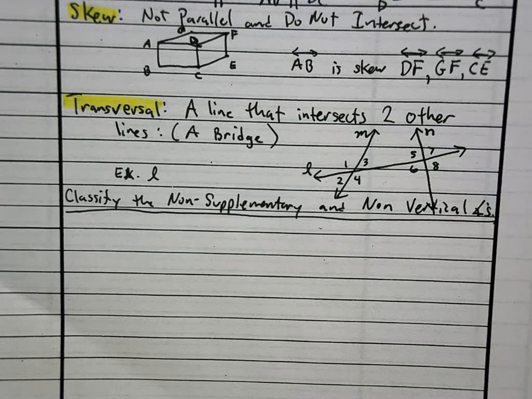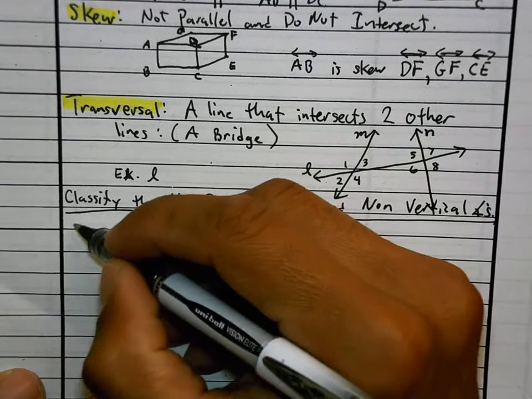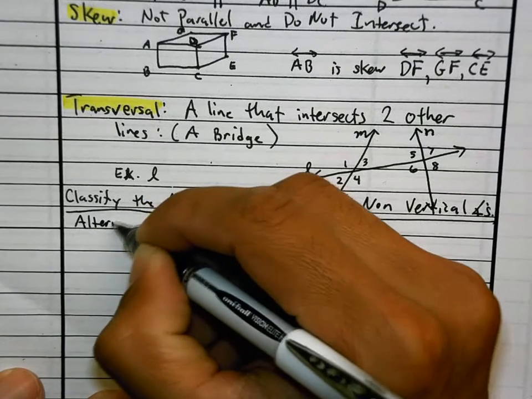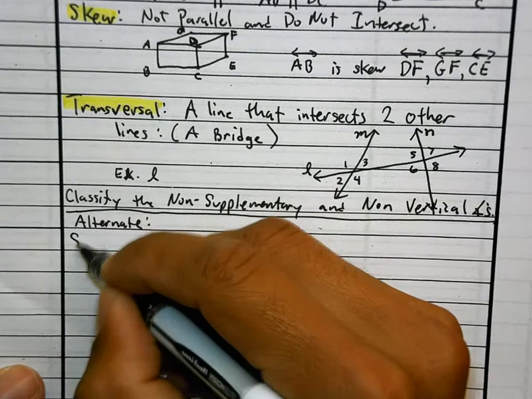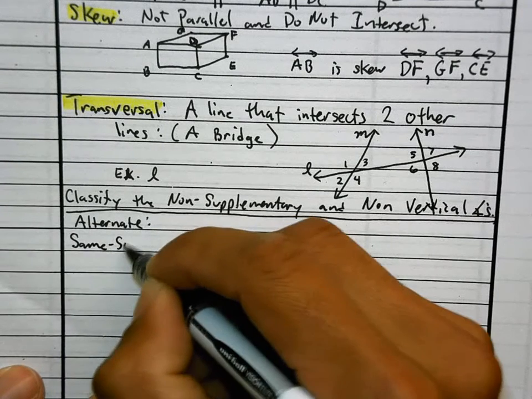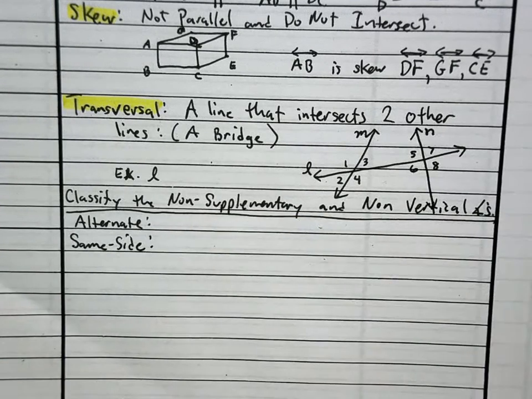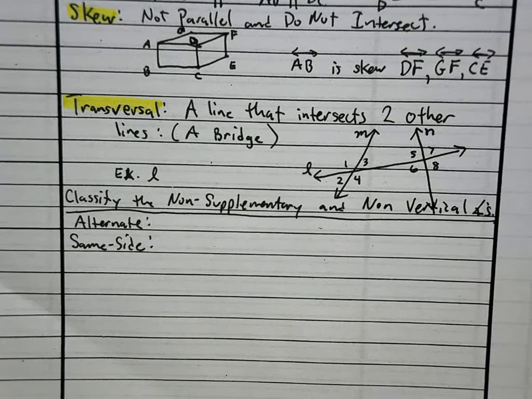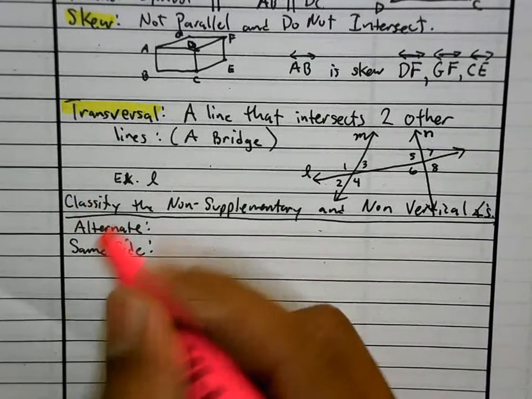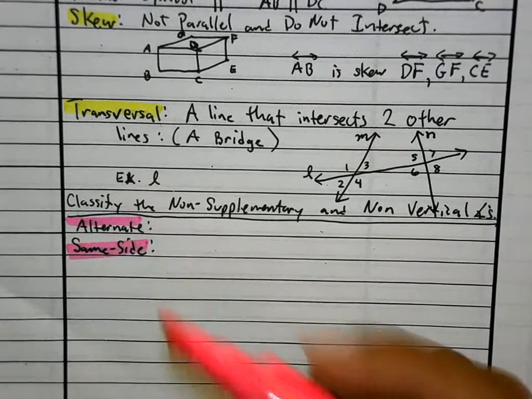So we need to know 4 words to be able to do that. The first word is alternate. The second word is same side. I guess that's 2 words. I'm going to highlight these in pink.